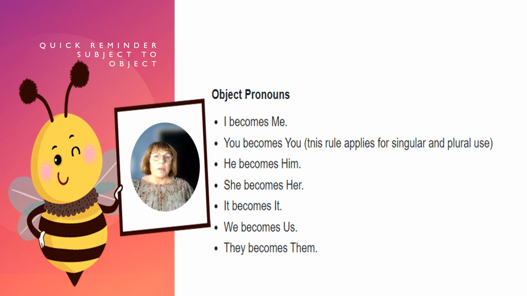So I becomes me, you becomes you, he becomes him, she becomes her, it becomes it, we becomes us, and they becomes them when you are changing the pronouns from subject to object. So subject, I, you, he, she, it, we, they. Object, me, you, him, her, it, us, them.